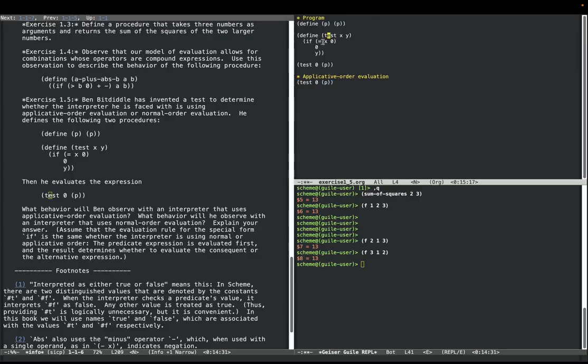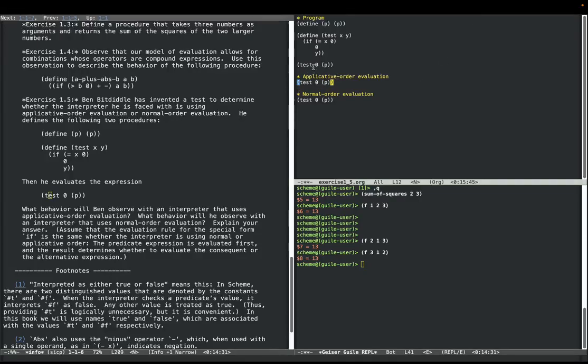Test: if x is 0, then 0. Okay, so in one of the two cases, it's going to get short-circuited, and in the other, it is going to be stuck in a loop because it tries to evaluate the body of the if statement or something like that.